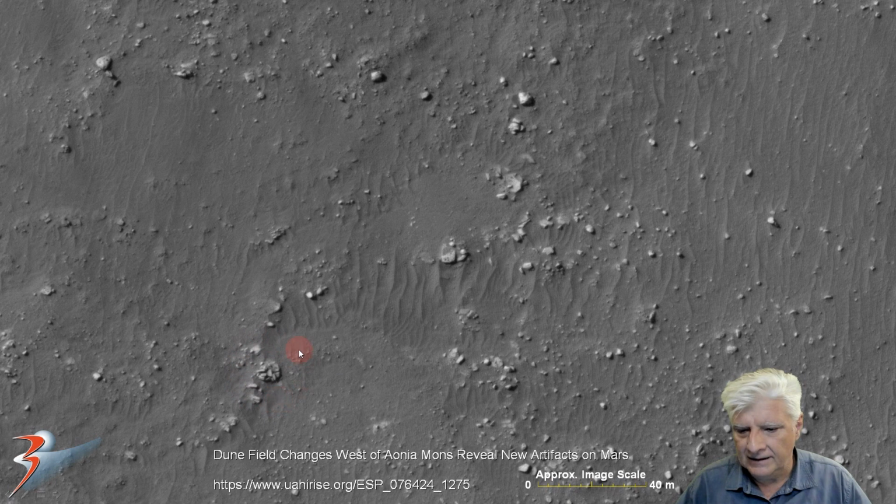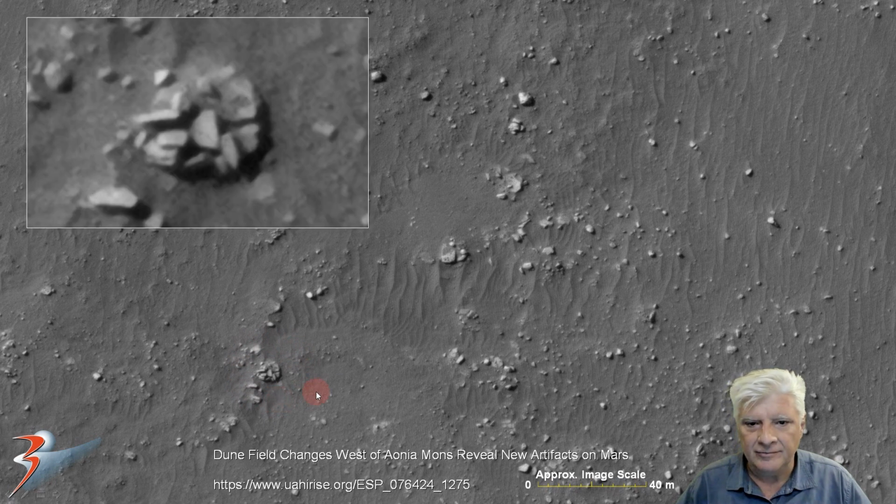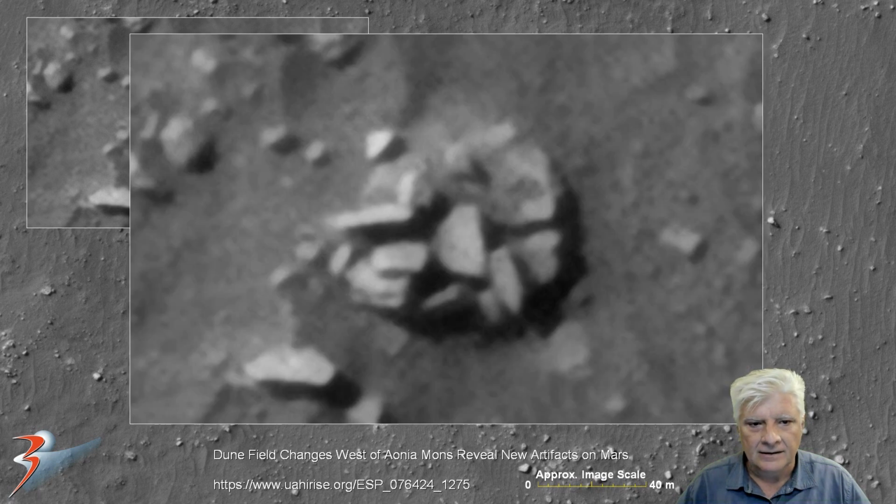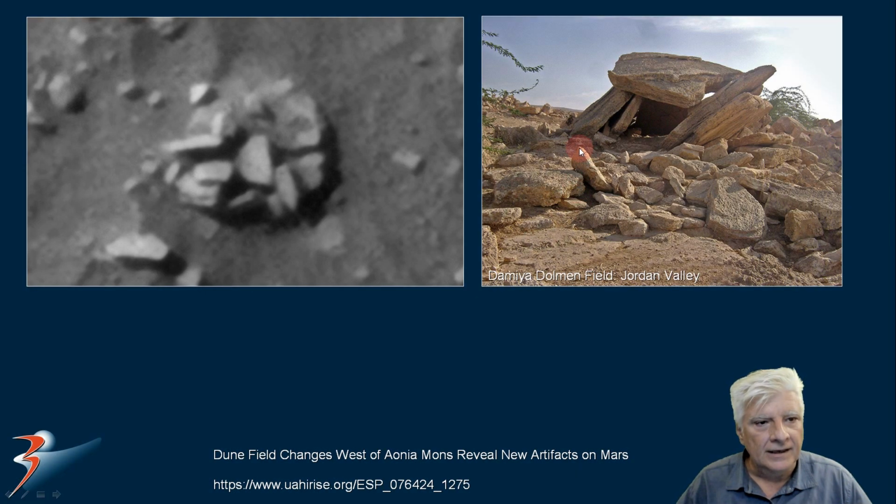Over here to the bottom left, we have a pile of megalithic blocks, and to me it looks like a top-down view of a collapsed dolmen. The blocks, right angles, same width and size, and I compare it to one of the collapsed dolmen found in the Jordan Valley.